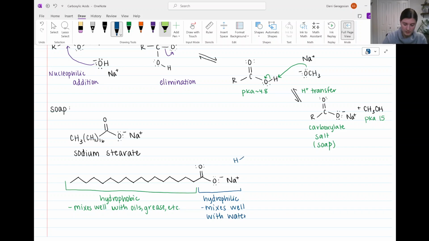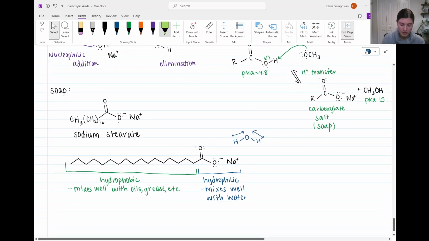Remember, water is a very polar molecule with hydrogen bonding capability. So this polar end of the molecule is hydrophilic, it will mix well with water. We also have a hydrophobic part of the molecule.